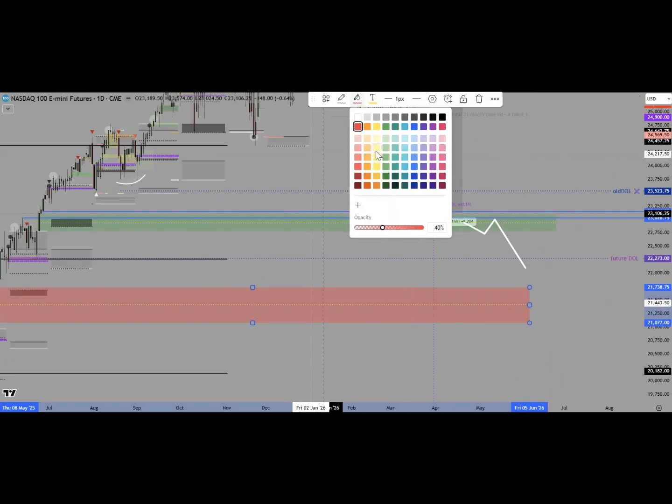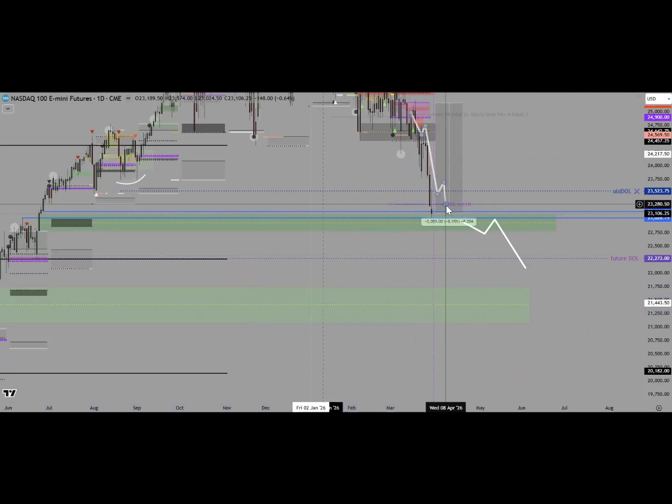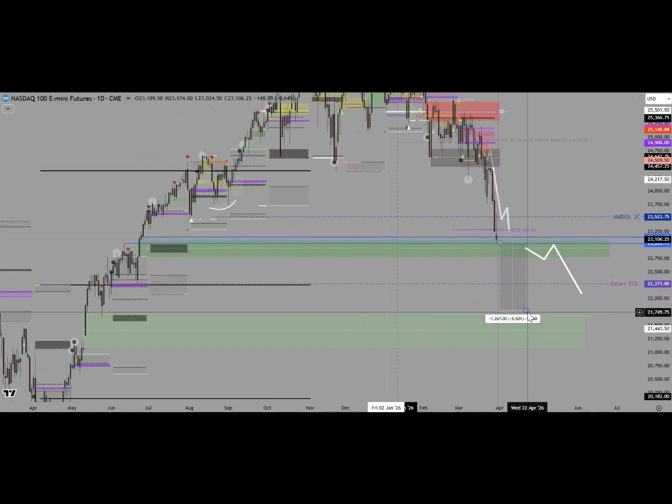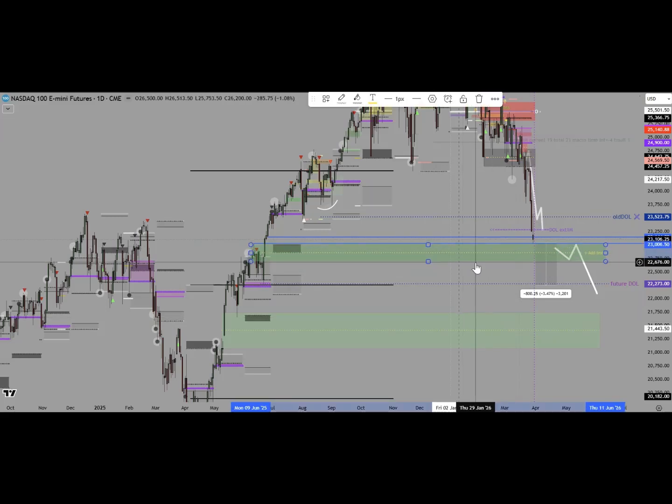There is still room for the drop. Basically from here to here is another 1000 handles approximately. This is the projection for the next days.